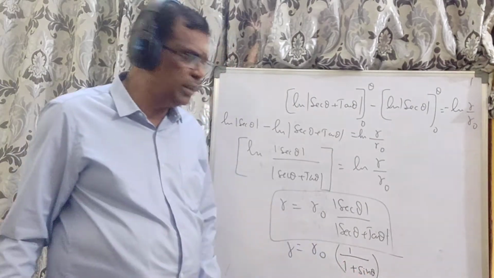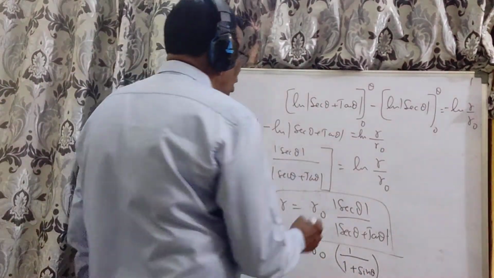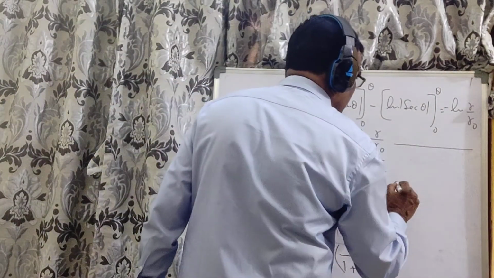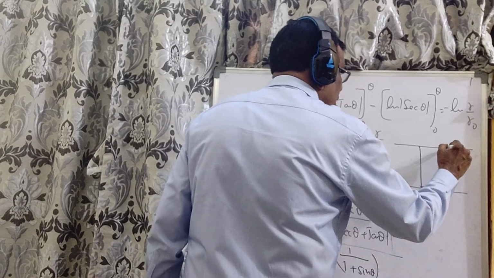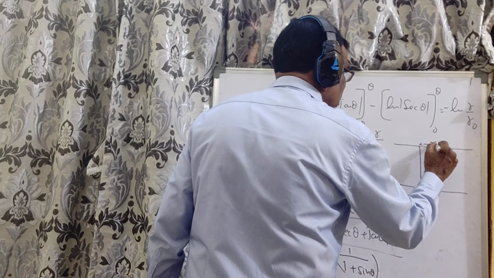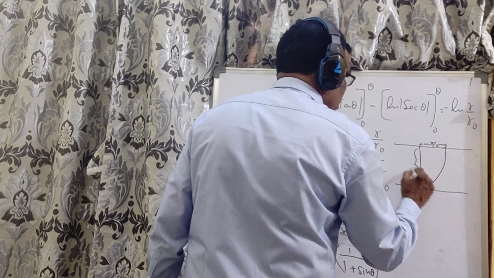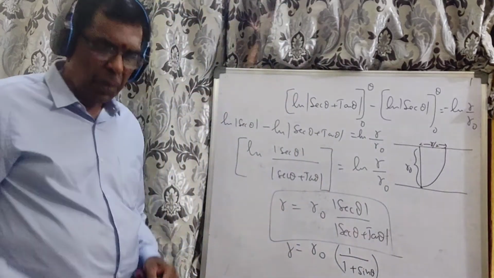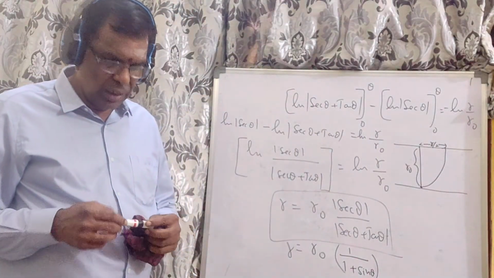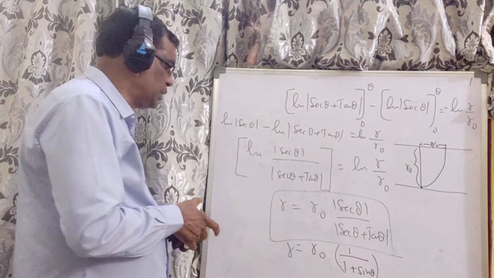So at theta 90, it is 1 by 2, or r naught by 2. What do you mean by that? If it always moves like this, the distance is exactly r naught by 2. That is how you have to understand this particular case.